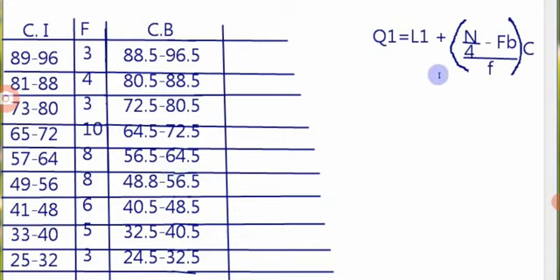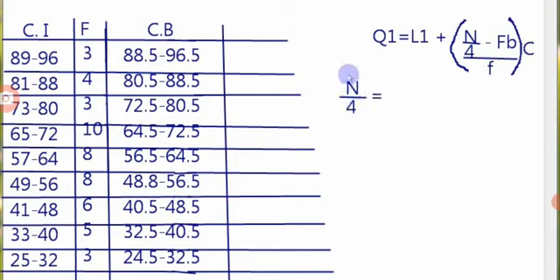Then we look at the formula, we have the lower bound. The next thing we are to determine before we compute our quartile is N/4. So this N/4 talks about the summation of frequency. We first need to know our N before we divide by 4.